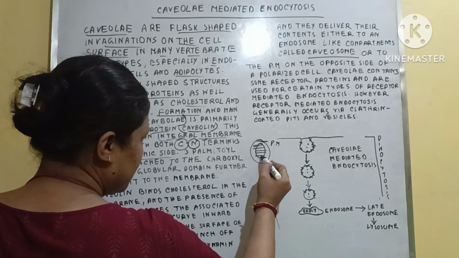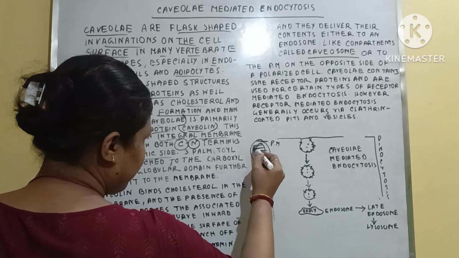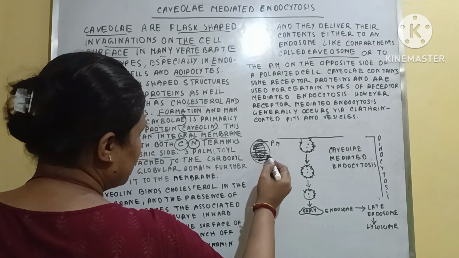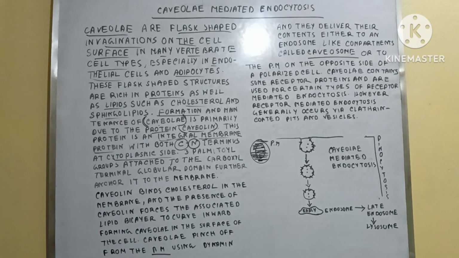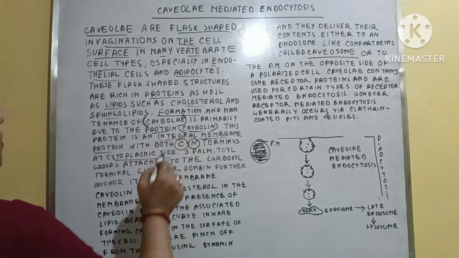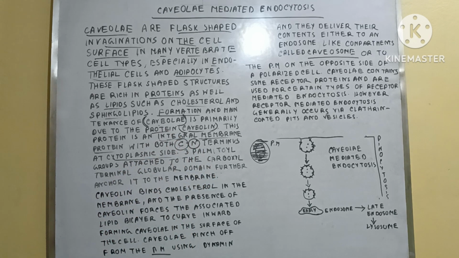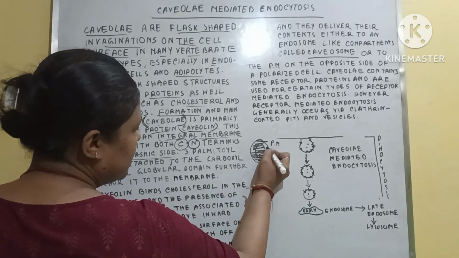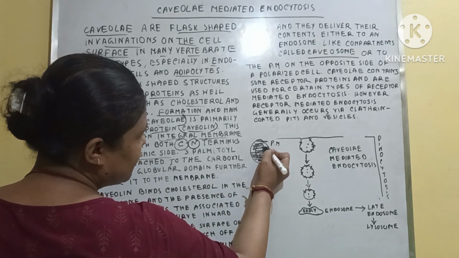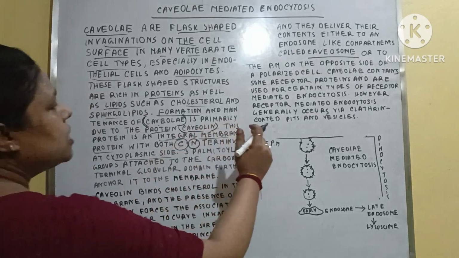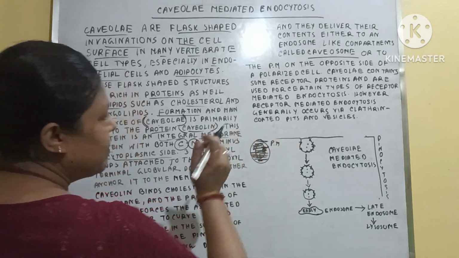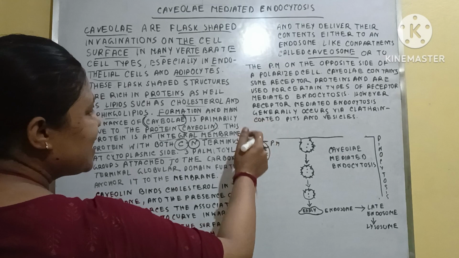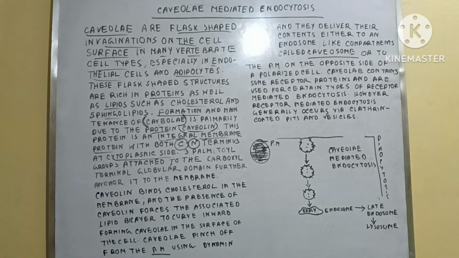So the C and N terminals remain inwards, towards the cytoplasmic area, not toward the outward side of the plasma membrane.